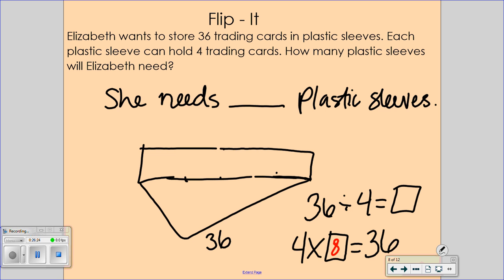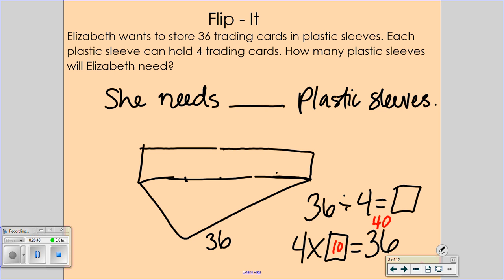Try 9. Okay, pause for a second, and I want you to think a little bit logically, because you guys just made this way more work for you than you had to. When we did 4 times 10, and we got 40, remember that? That was really close to 36.